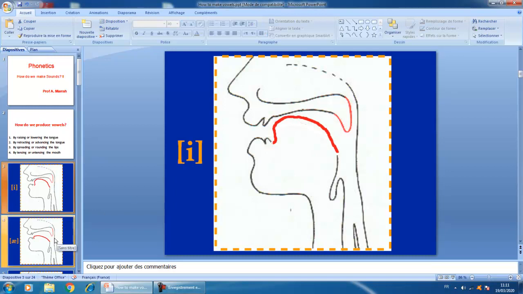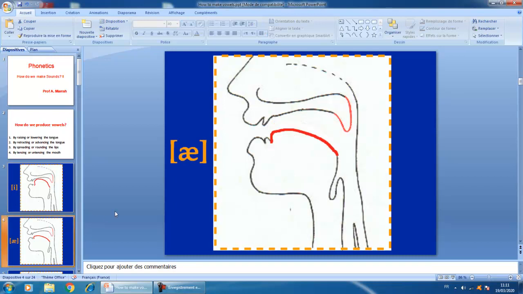Now, to see how E is exactly produced, let's compare it to A. Look at the position of the tongue for A here. A. The tongue is lower.